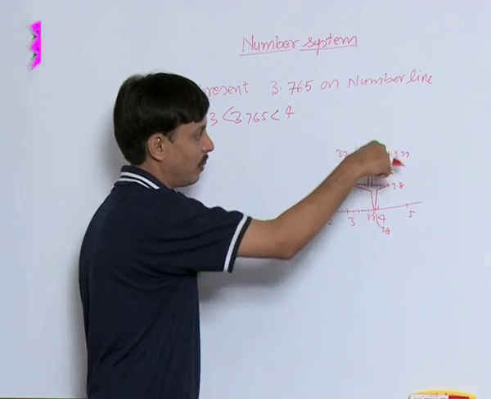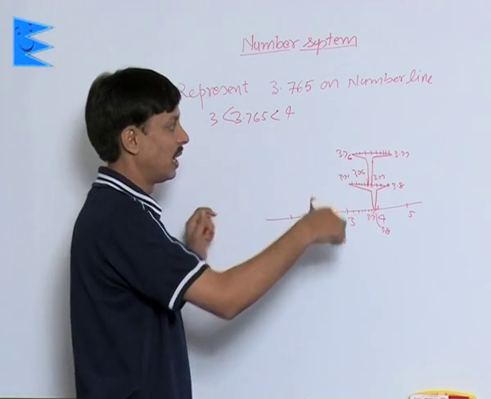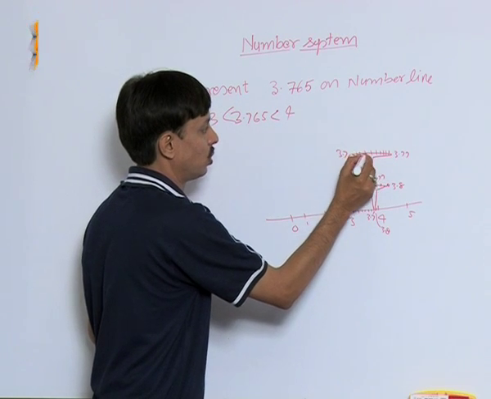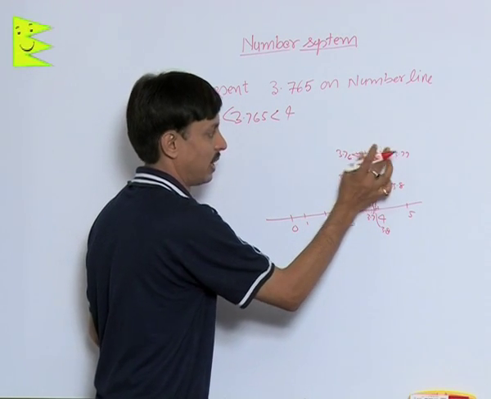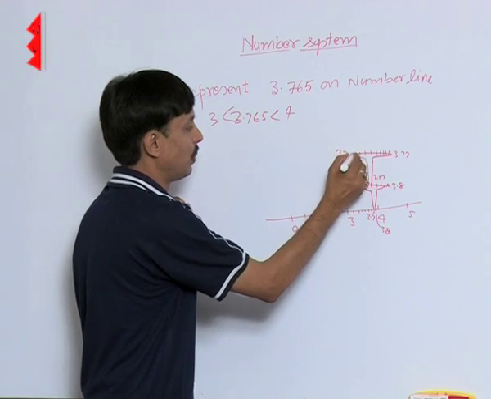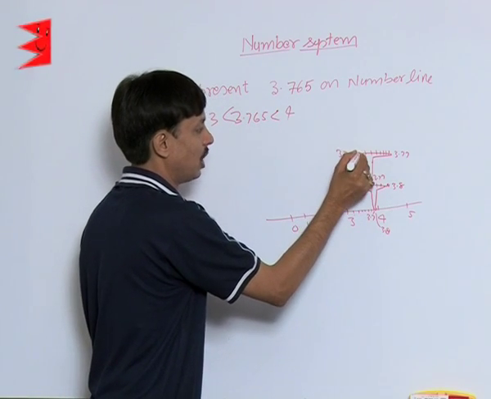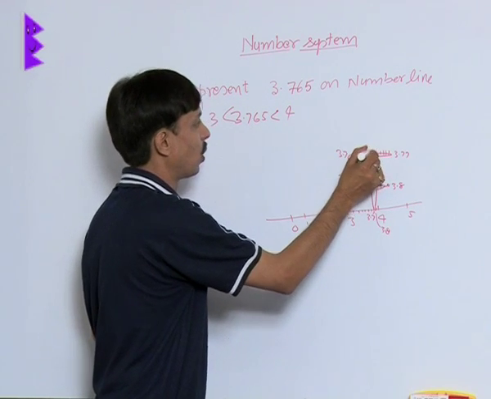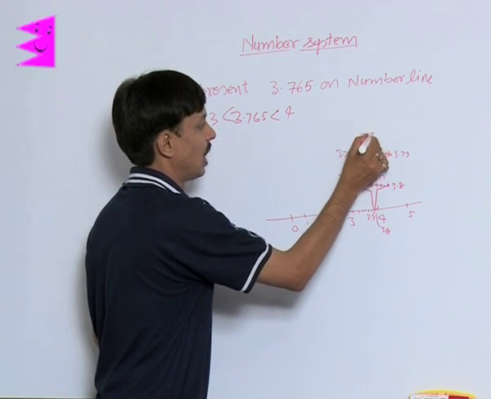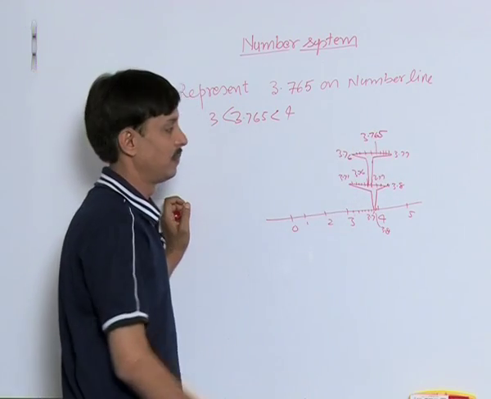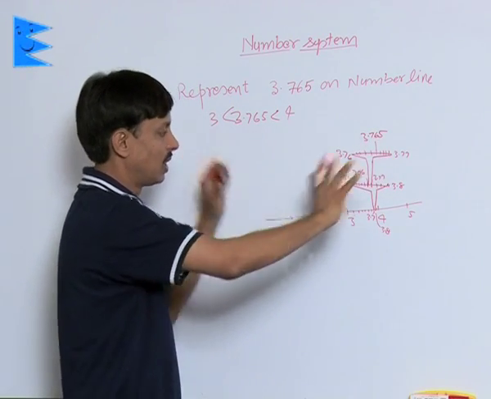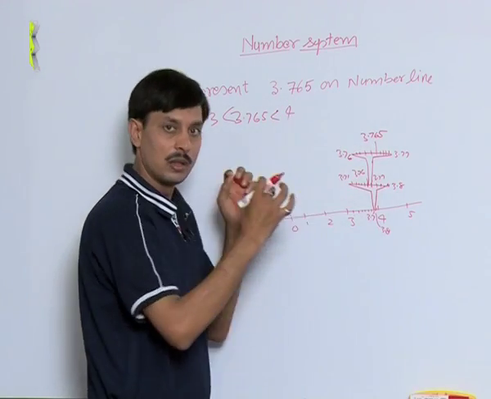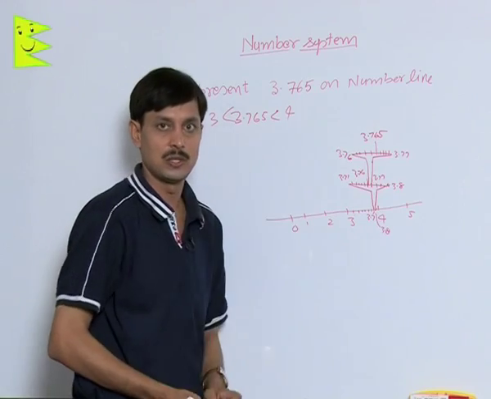So to take 10 parts, I draw 9 verticals. Now this is 3.761, 3.762, 3.763, 3.764 and this is 3.765. So this is the way, with the help of magnifying parts, for representing longer decimal positions.